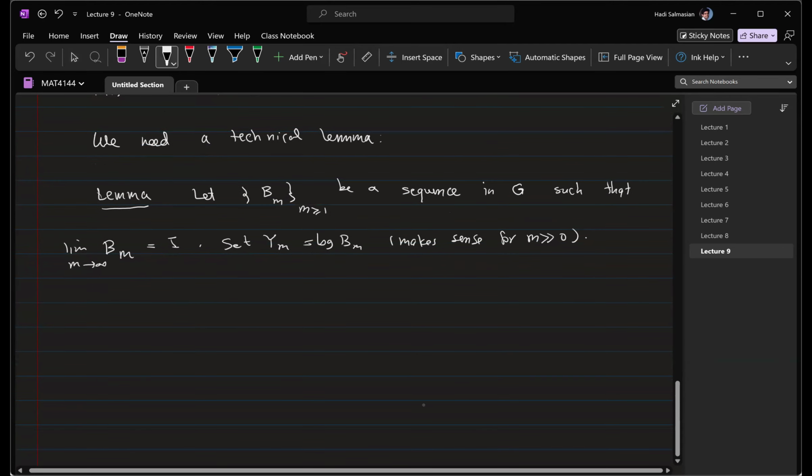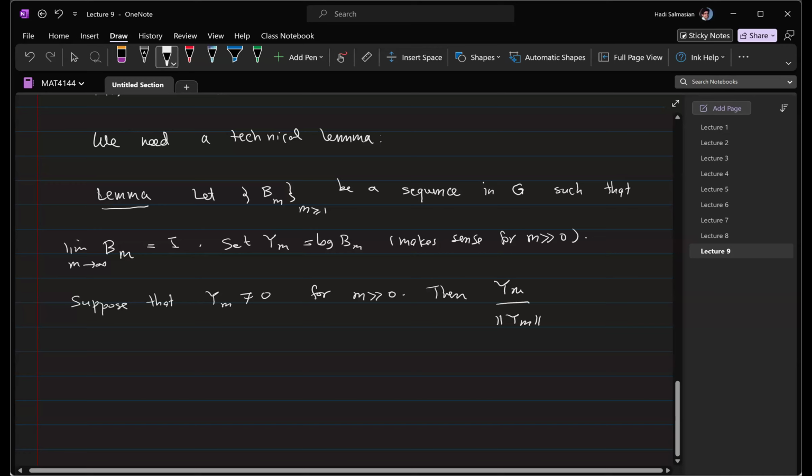Now suppose that all the ym are non-zero for sufficiently large m. Then I can normalize them: I can consider ym divided by norm ym, which is now a unit vector.